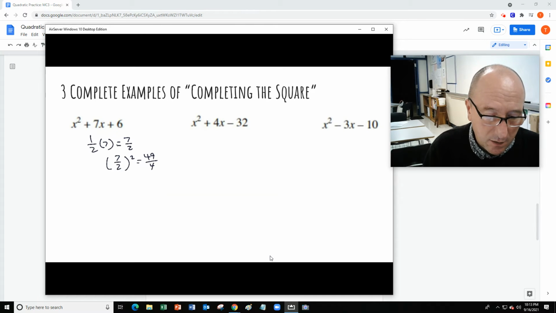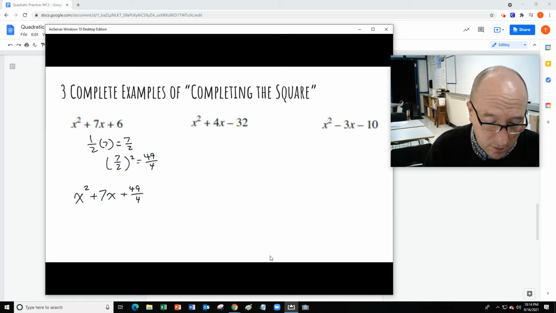So I'm going to take the number that I just built and add it and subtract it to the parabola. x squared plus 7x plus 49 over 4 minus 49 over 4 plus 6.